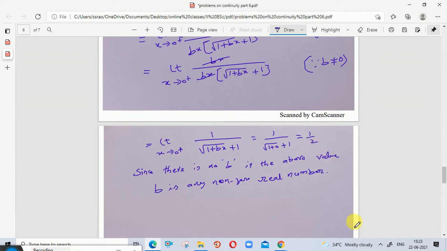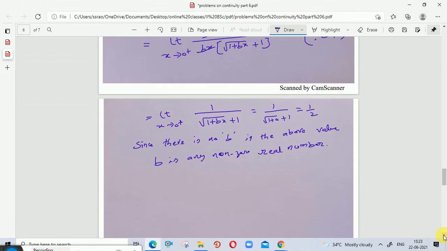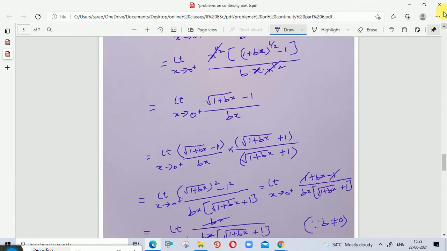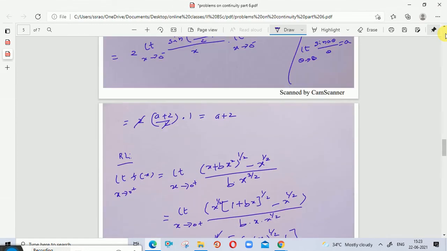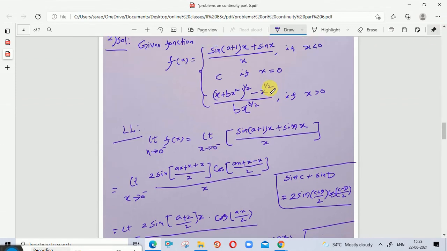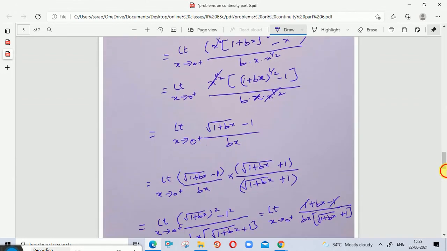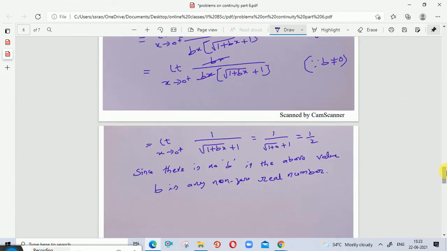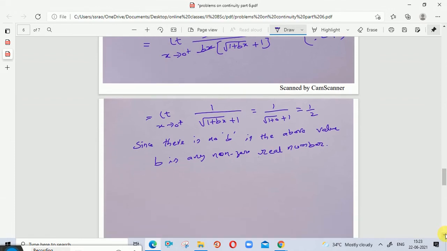Okay, the value of b is obtained. Now, at x is equal to 0, f of x is equal to c is given. See, at x is equal to 0, f of x is equal to c. That means f of 0 is equal to c. Okay, f of 0 is equal to c here.